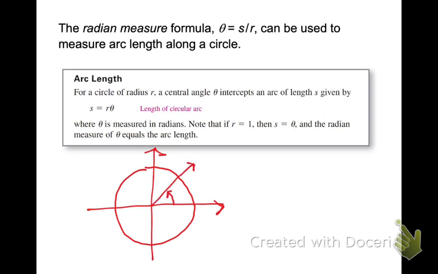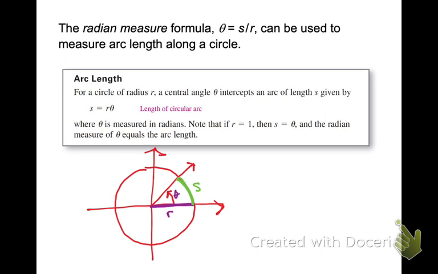That angle is theta. Here, this part of the circle is known as the radius. And from here to here is an arc, correct? And it is S.